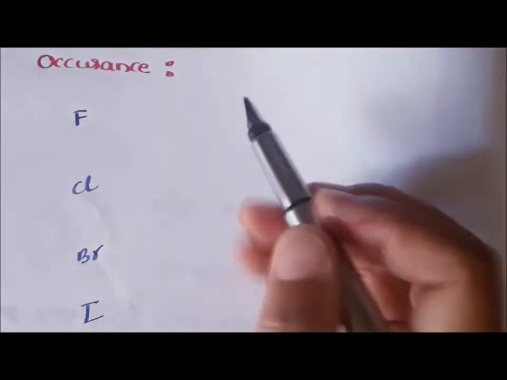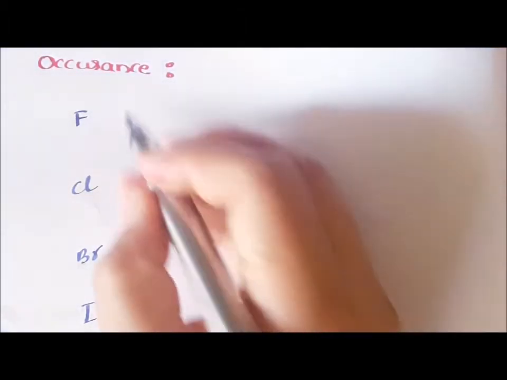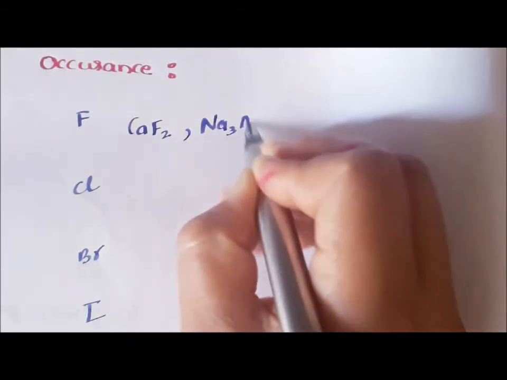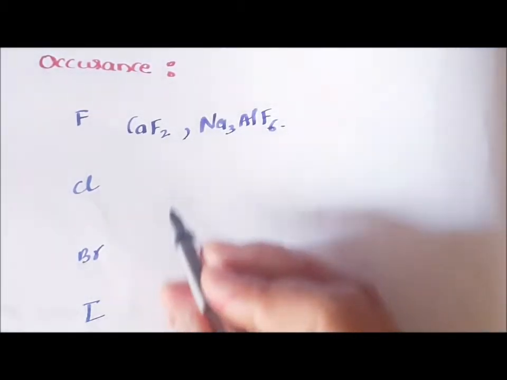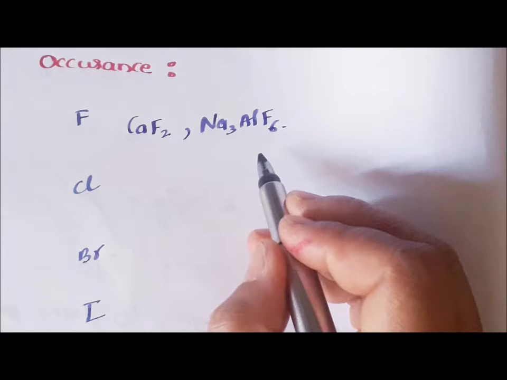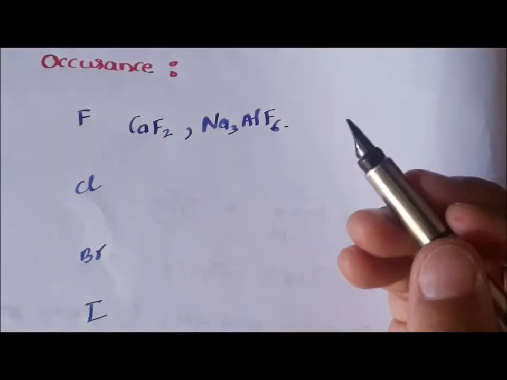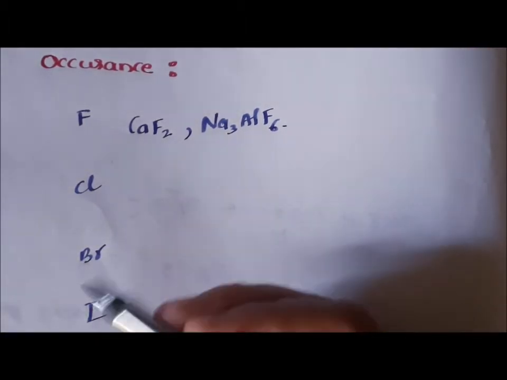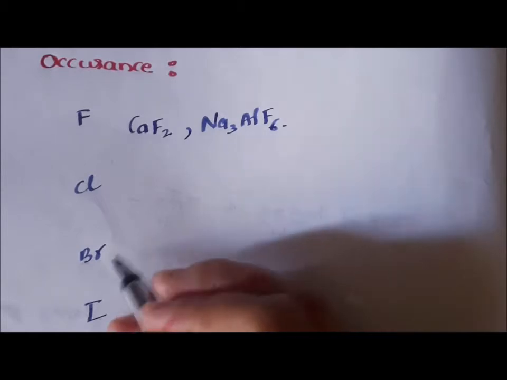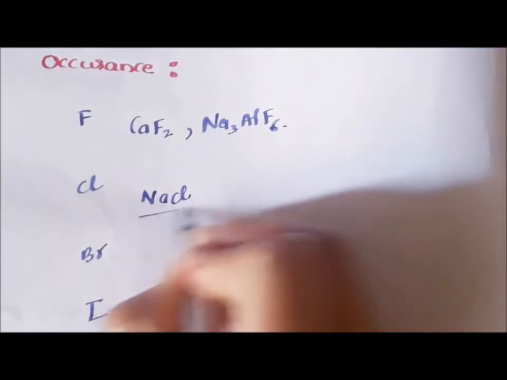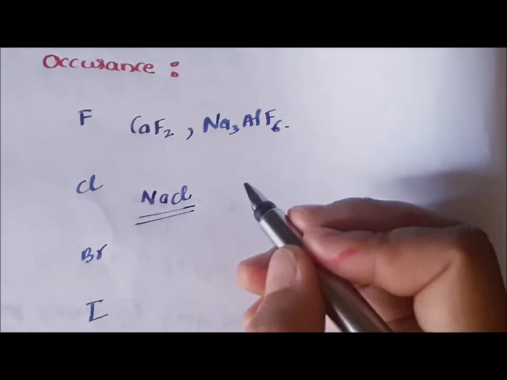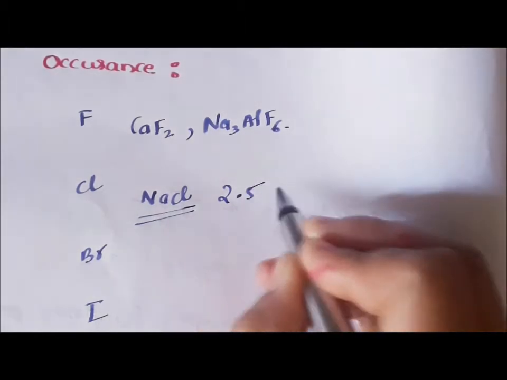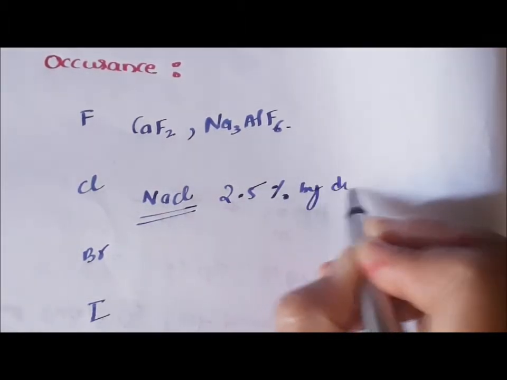Fluorine is present mainly in insoluble fluorides like fluorspar, calcium fluoride, cryolite having formula Na3AlF6, etc. Small quantities are also present in soil, river water, bones, teeth of animals, etc. Seawater contains chloride, bromide, iodide of sodium, potassium, magnesium, calcium, but sodium chloride is in abundance, mainly it contains sodium chloride, about 2.5 percent by mass.